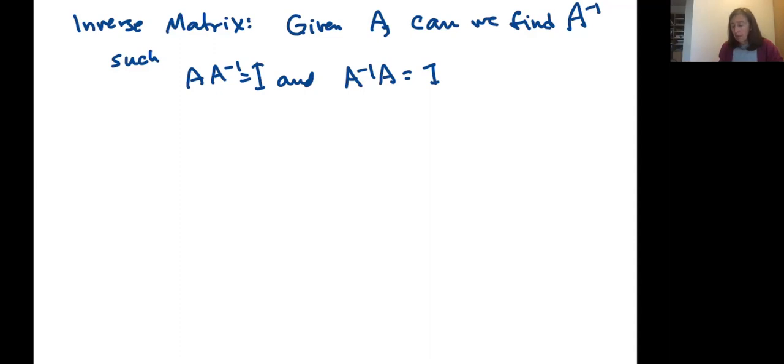Properties of matrix inverses. Okay, so the first rule is only square matrices have inverses.